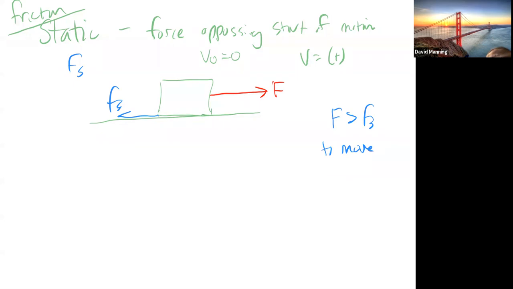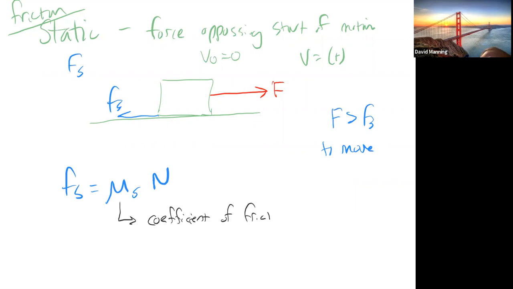The formula for Fs equals mu s times N, where mu is the coefficient of friction. It's a Greek letter, mu.